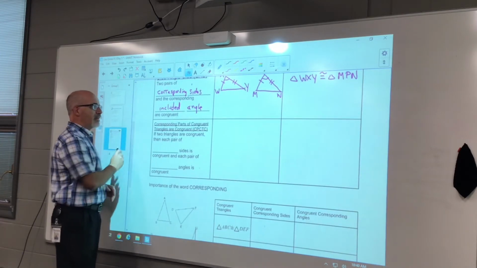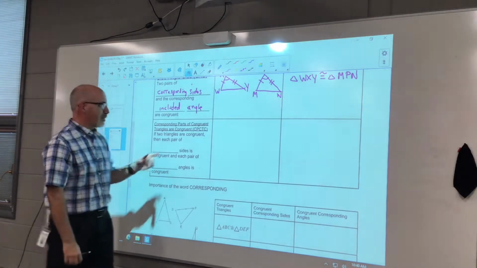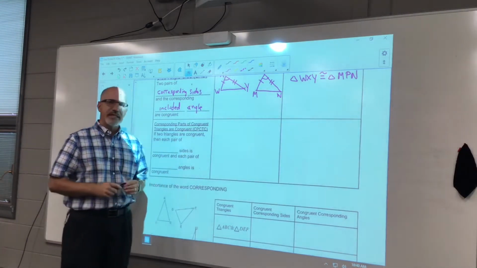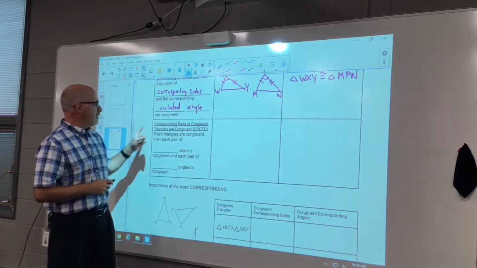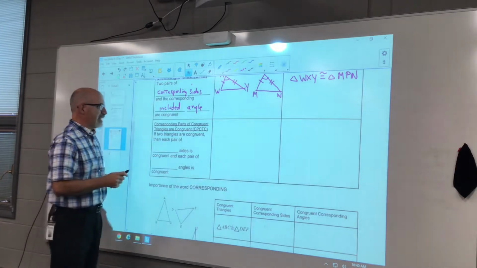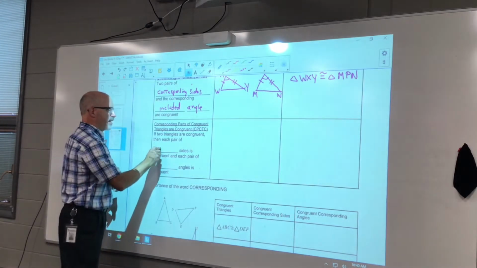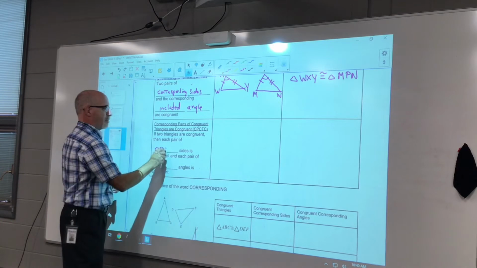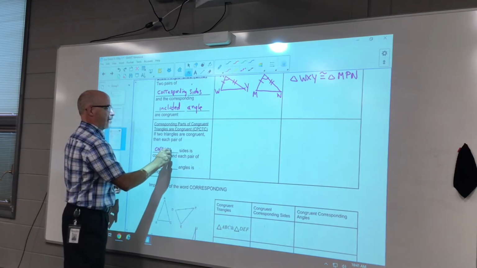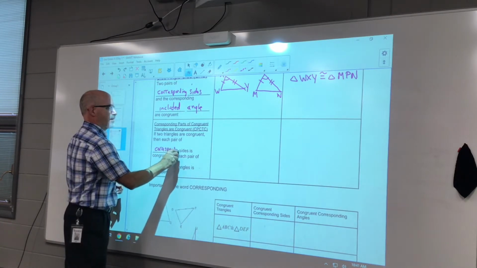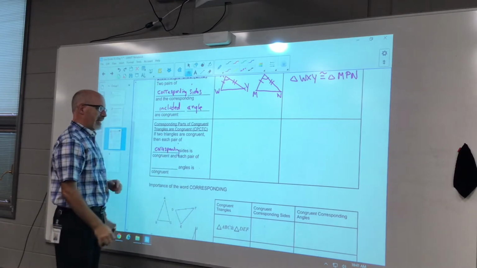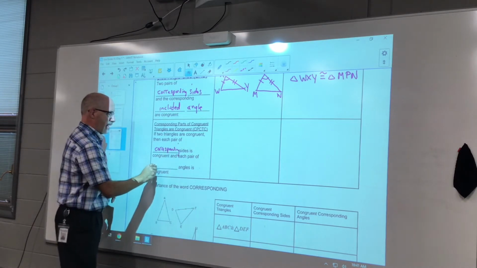Now, corresponding parts of congruent triangles are congruent. We abbreviate that CPCTC. It says if 2 triangles are congruent, then each pair of corresponding sides are congruent, and each pair of corresponding angles.